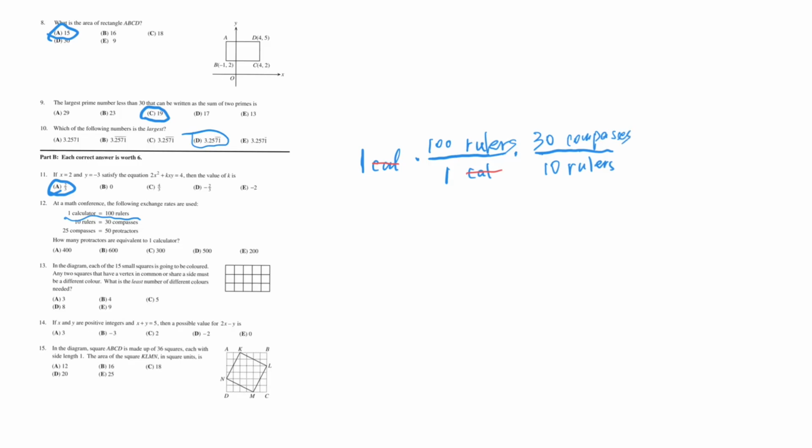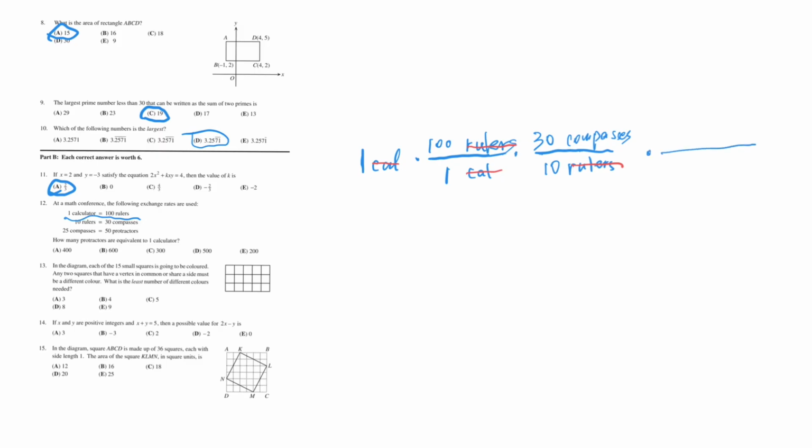Now we can cancel the rulers, but the compasses are not the final unit, so we still need to cancel the compasses.